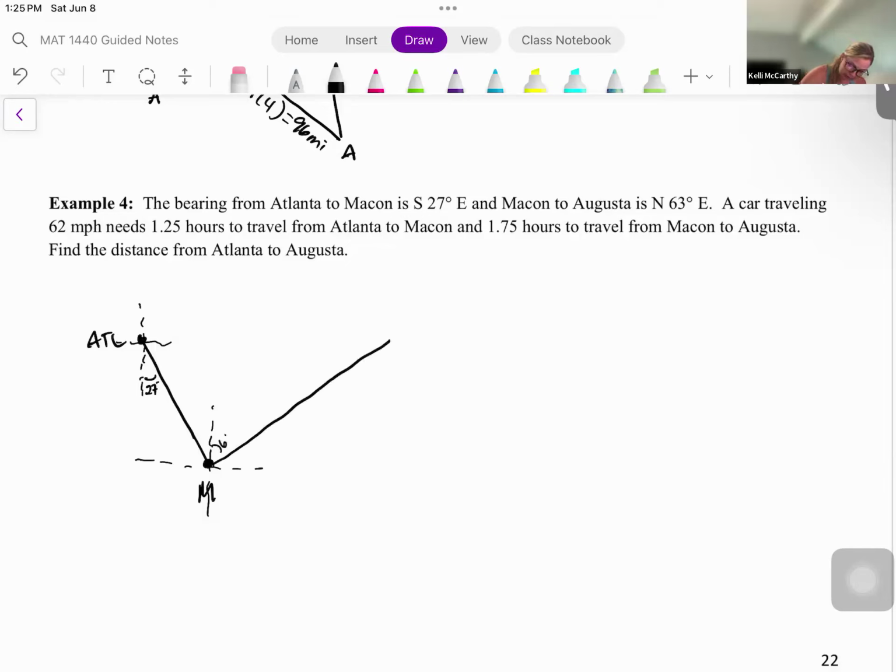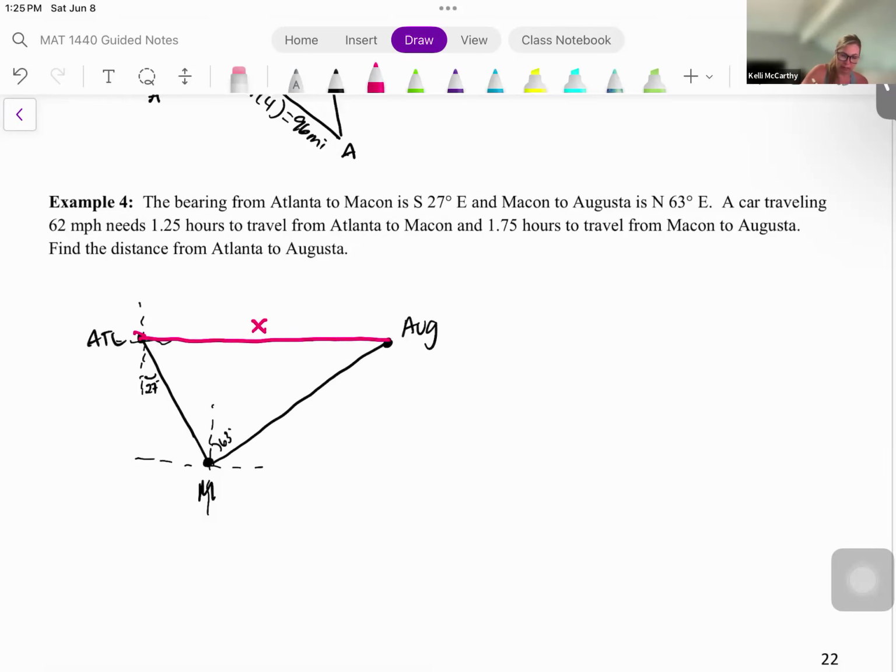So this is 63 degrees, and somewhere over here is Augusta. And what we're trying to figure out is how far away is Atlanta from Augusta? So now we need to start building out this triangle. We know that we're going to be working with this triangle here.